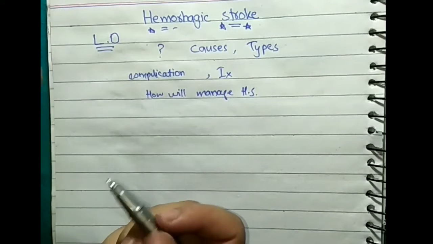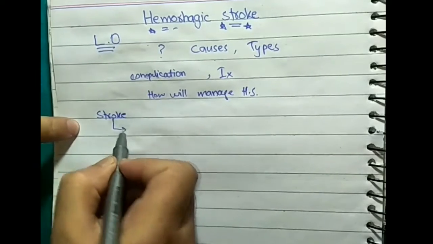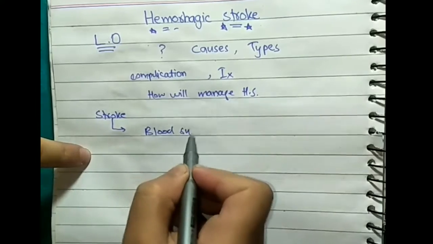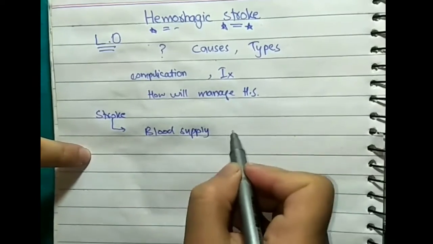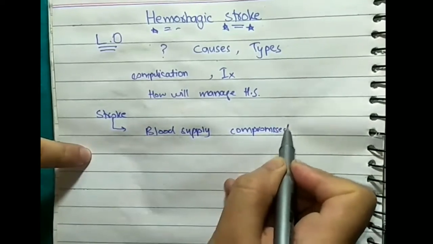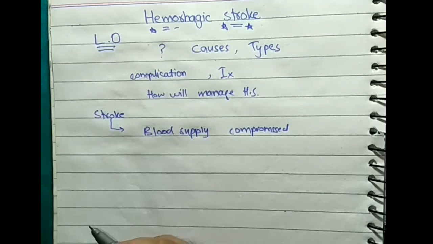First of all, we will understand what stroke is. Stroke is a condition in which the blood supply of brain matter is compromised. It is compromised via two main causes.